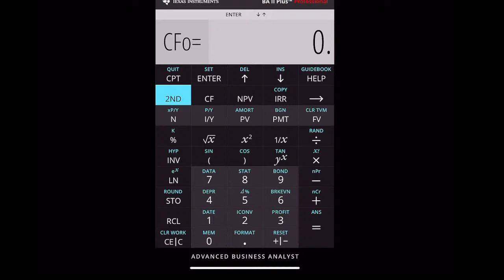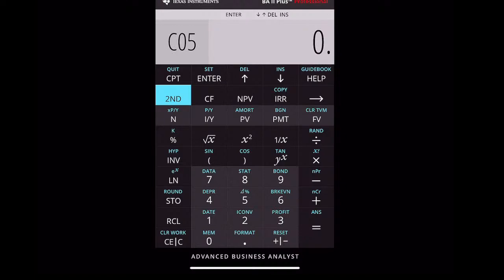And I put 8900 negative, enter down, and then 2300 negative, enter down, down, 400 negative, enter down, down, 2000, enter down, down, and 9600, enter down, down.